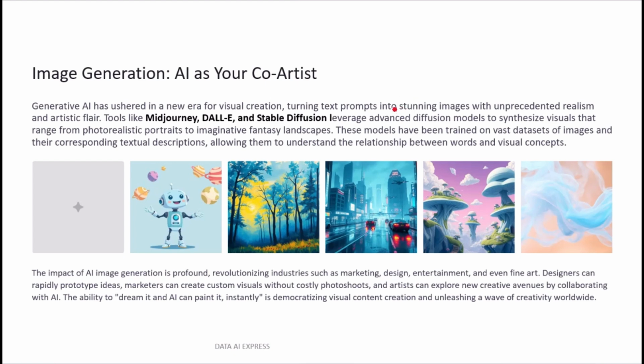For example, you could say, create an image of an astronaut riding a horse on Mars, and it will generate it for you. This allows for incredible artistic innovation. Some of the leading models in this space include Midjourney, DALL-E, and Stable Diffusion. These tools can generate stunning photorealistic images from simple text descriptions.